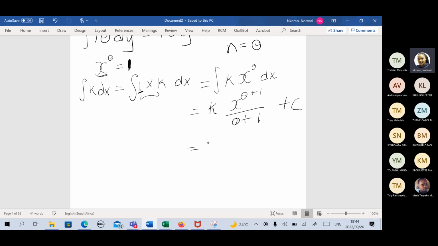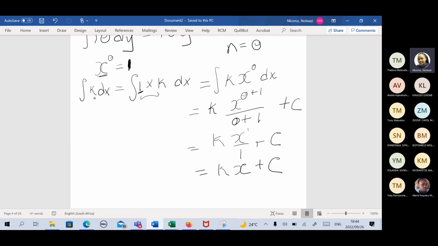Meaning we have k times x to the power 1 divided by 1 plus c, and this gives us kx plus c, right? Remember, I said if we integrate the constant with respect to x, the integral would be k times x plus a constant of integration.